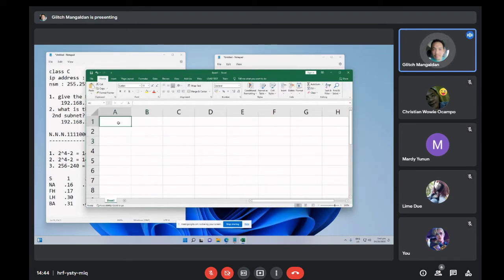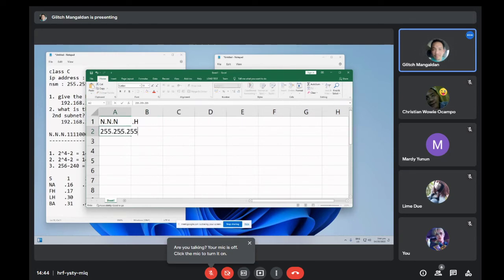So, parang ganito yan. Ito yung tatlong N, then this is now the dot H. Laging 255 to, di ba? 255 at 255 at 255.